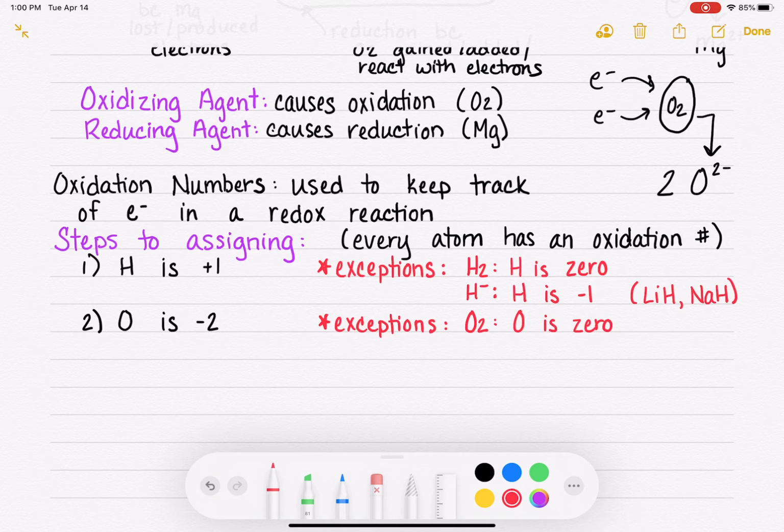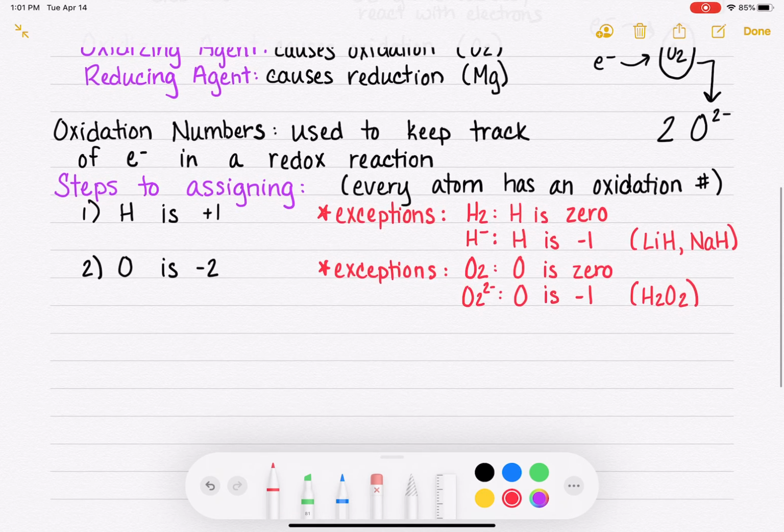And then the other exception is the peroxide polyatomic ion, which is O2 2-. In that situation, the oxidation number of oxygen is -1. You could see that in something like H2O2, that's the most common place that you would see the O2 2- ion. So once you get all of your oxygens assigned, then you move on to step 3.